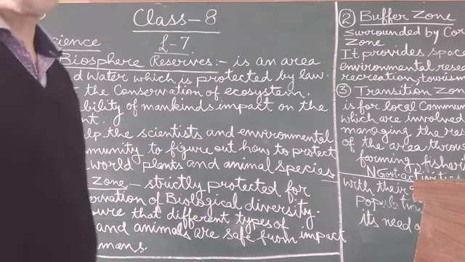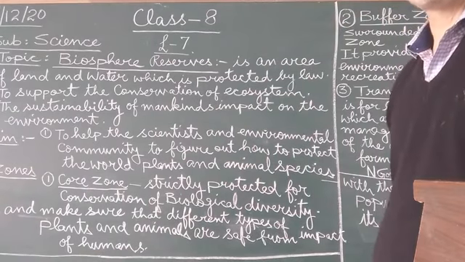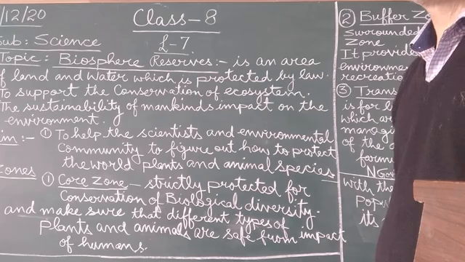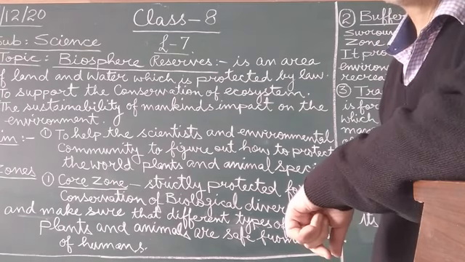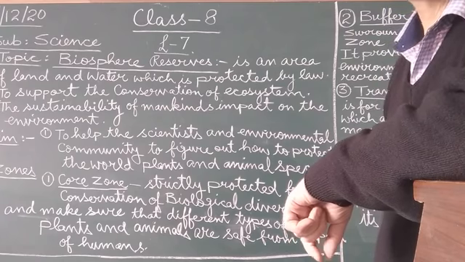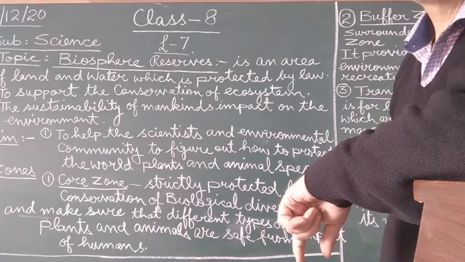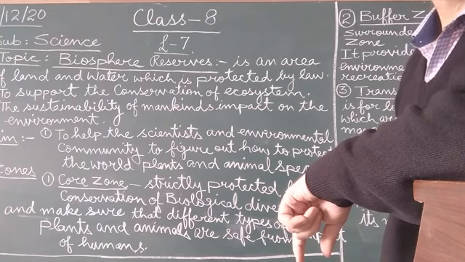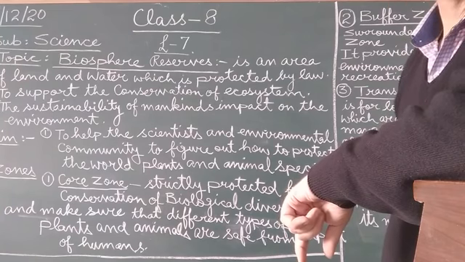You will tell that biosphere reserve is an area of land and water which is protected by law to support the conservation of ecosystem as well as the sustenance of human or mankind impact on the environment.